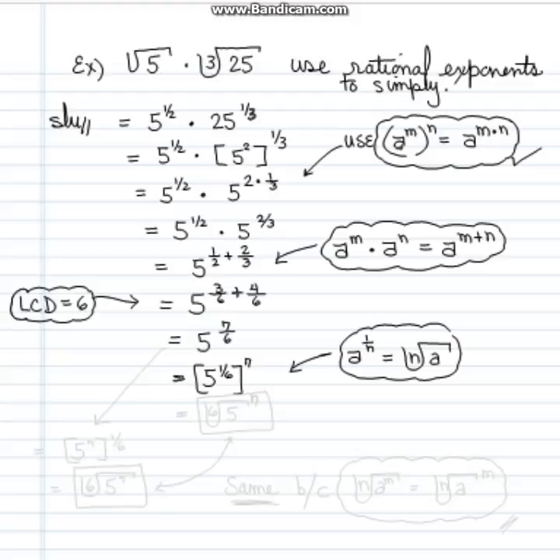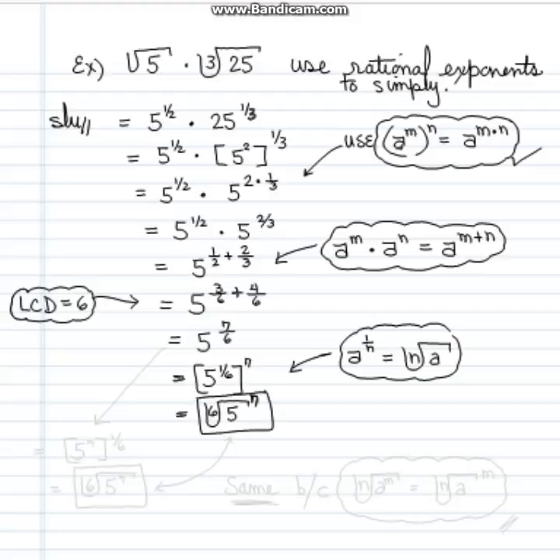And now the next thing I do is inside the brackets, I rewrite the 1/6 power as the, I think I might have written it wrong, but it'll work. This is the 6th root of 5, raised to the 7th power. So that's one way of doing it.